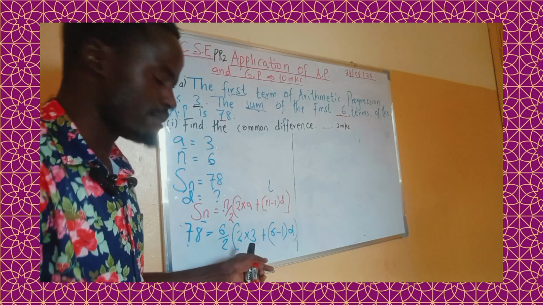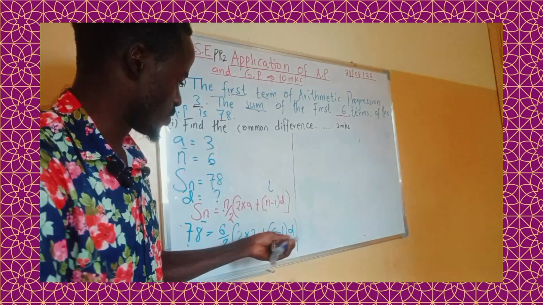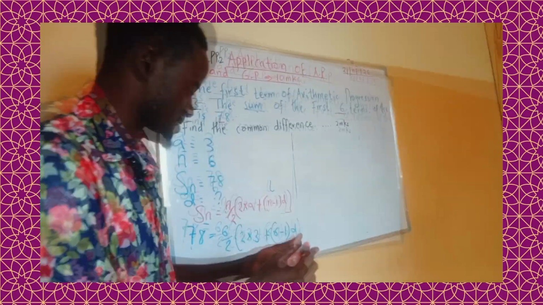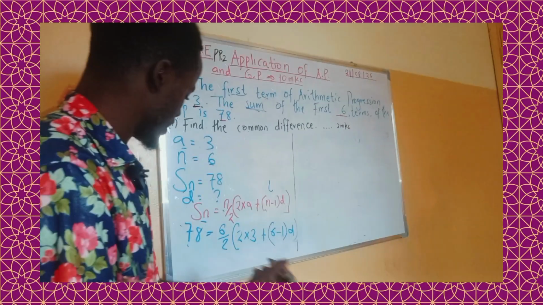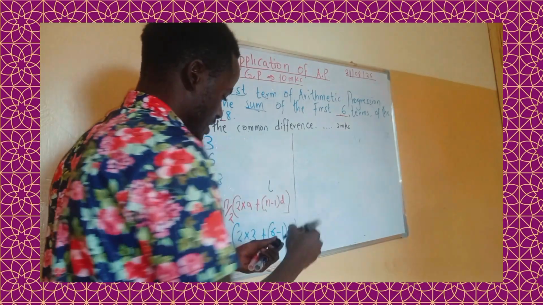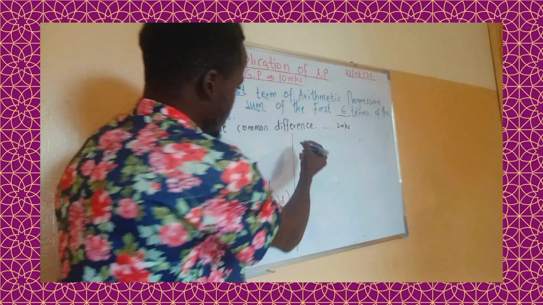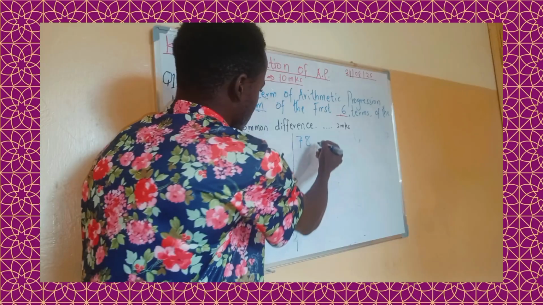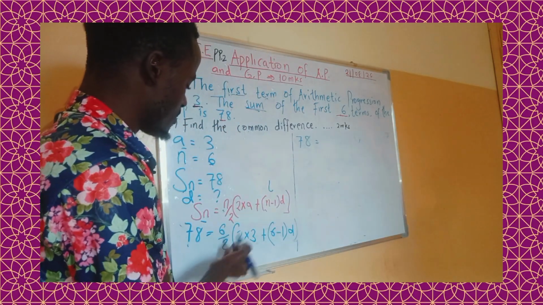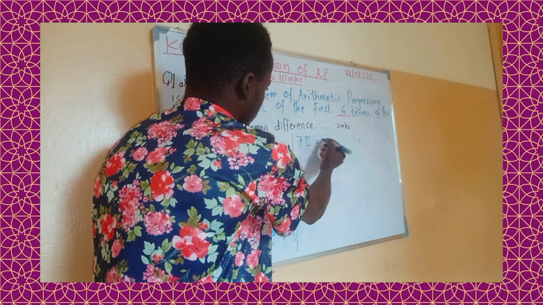Once you have substituted, what is next? You solve. Now solve. Very good. How do we solve this? 78 is equal to 6 divided by 2, which is 3.